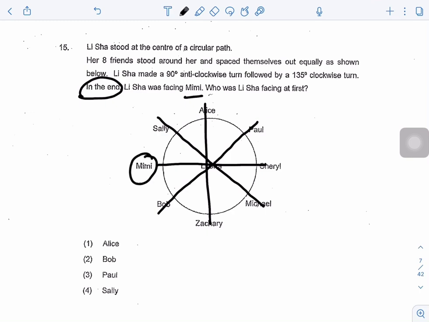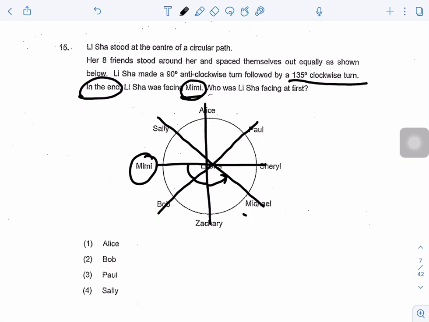Who was Lisha facing at first? Now, before she was facing Mimi, what happened? She made a 135 degrees clockwise turn. So now we gotta go anti-clockwise, 135 degrees. This is 45 degrees, 45 degrees, 90 degrees, 135 degrees.